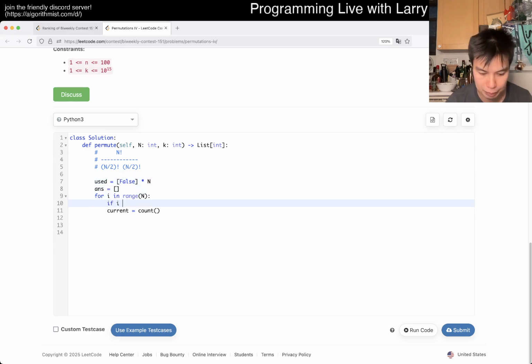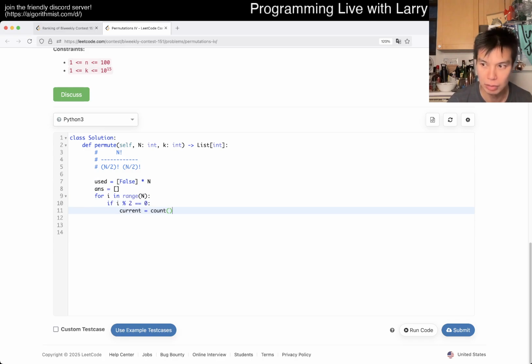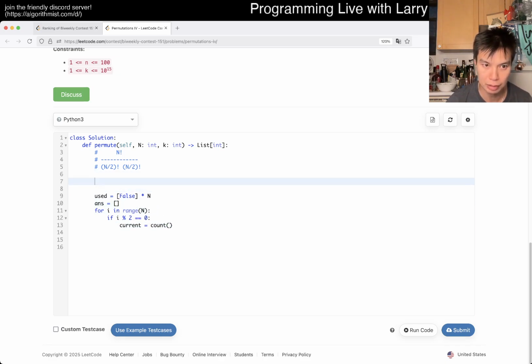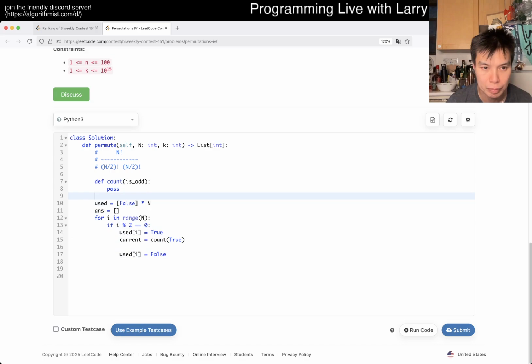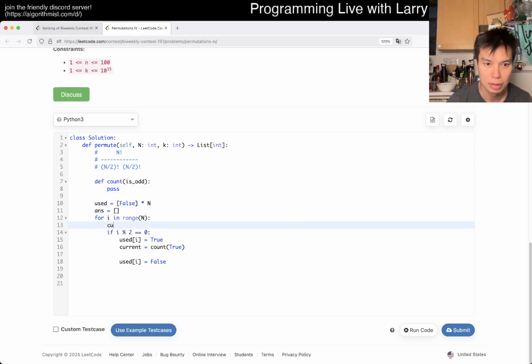Right. So if i mod 2 is equal to 0, then we count where the next number has to be odd, right? So maybe something like this. So then this is true. We want to say used of i is equal to true. Yeah, maybe this is a maybe, but not here.